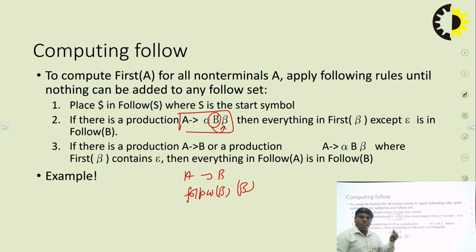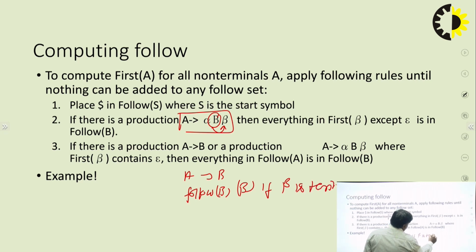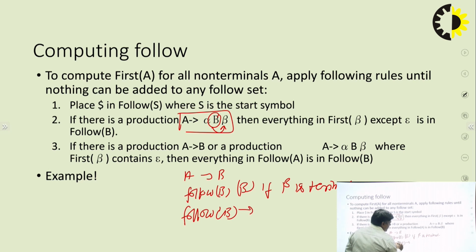If beta is a non-terminal, then the First of that beta is known as the Follow of B. If beta is a terminal, then the Follow of B is beta. If beta is a non-terminal, then Follow of B is equal to First of beta.